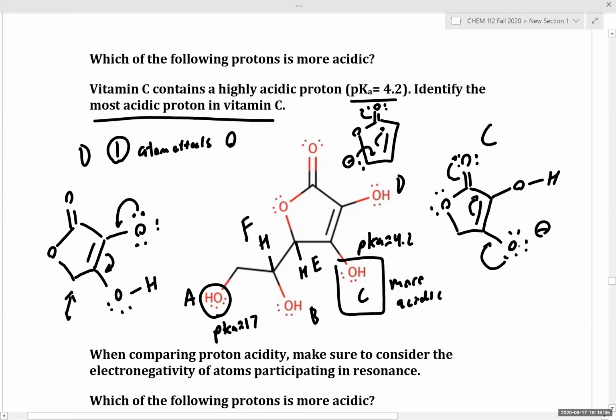And atom effects can play a pretty big role, right? Remember how we looked at a carbon-hydrogen pKa around 50, while an oxygen-hydrogen pKa is around 17. So atom effects can partially dominate our discussion compared to the resonance effects that we get by being able to delocalize our lone pair. Does that make sense to everyone?